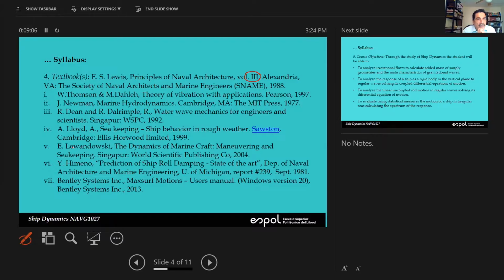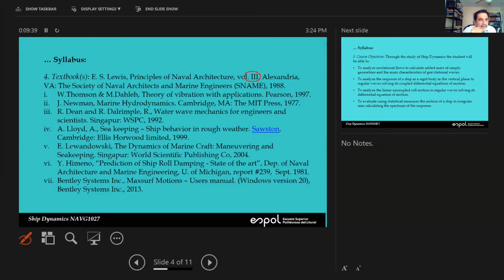Reference 1, you recognize our very well-known Thomson, Theory of Vibration. Newman, the second reference, Marine Hydrodynamics. It's a classical book. It is in our library too. Third reference, it's Dean and Dalrymple, Water Wave Mechanics. It's a very nice book on water waves.